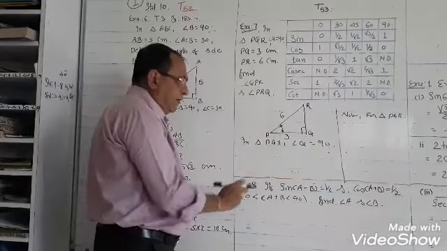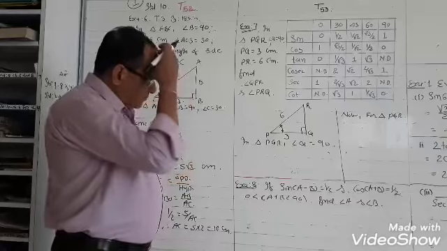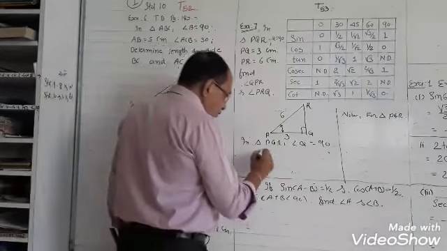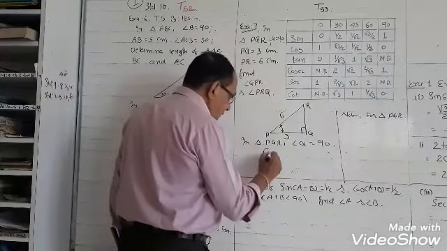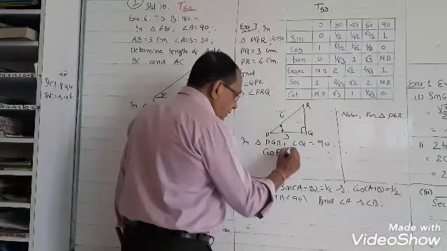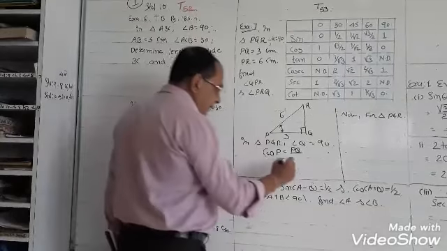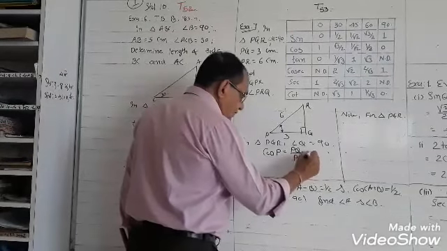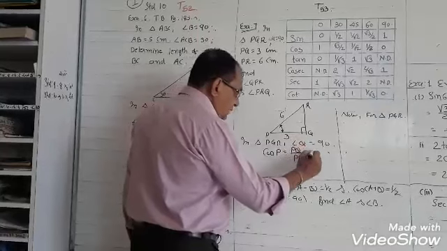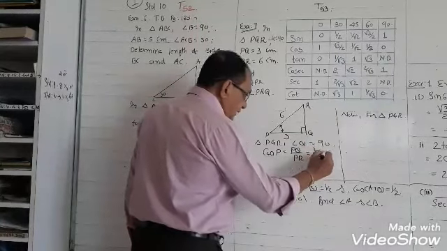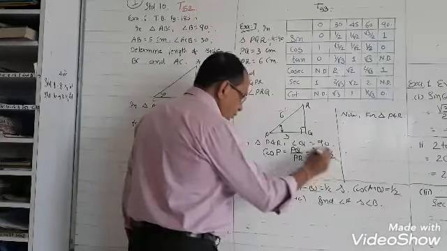With reference to P, it is a cos. Cos of P is equal to PQ, adjacent side, upon hypotenuse PR, which is 3 upon 6, equal to 1 upon 2.